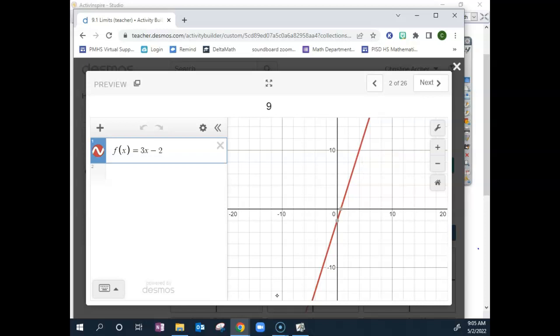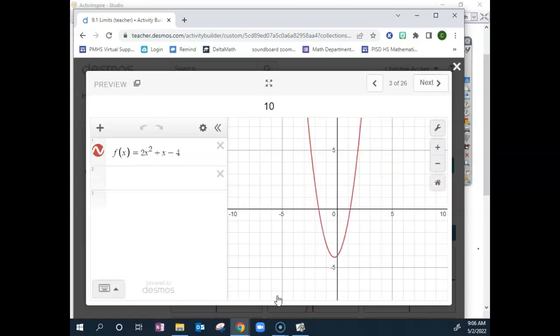So the limit there is 10. Okay, so this one, I'm looking for the limit at negative 1. What's the limit at negative 1? Negative 3.